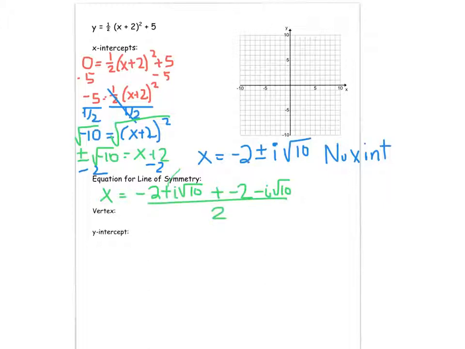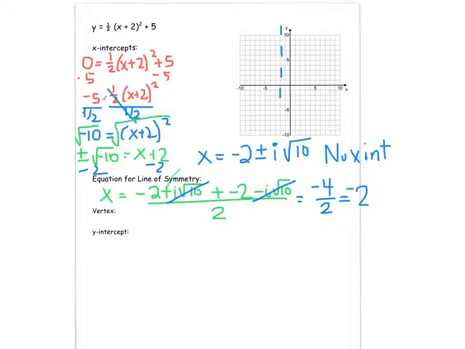Same as our previous example with the quadratic formula, the imaginary pieces, one is positive, one is negative, they'll cancel each other out. And so we have negative 2 plus negative 2, so we have negative 4 divided by 2, so we have negative 2. So x equals negative 2 is the equation of our line of symmetry.